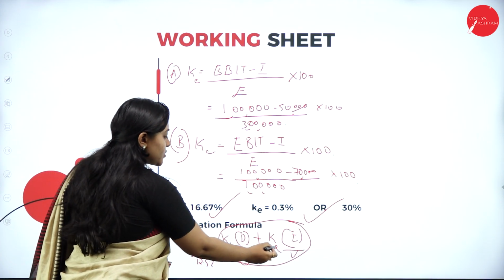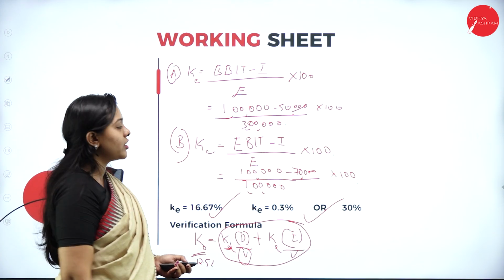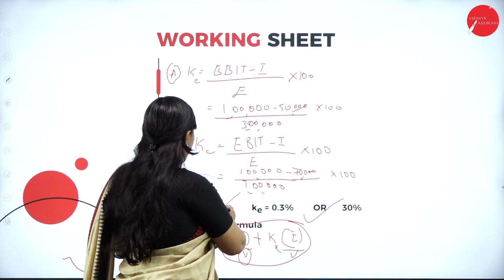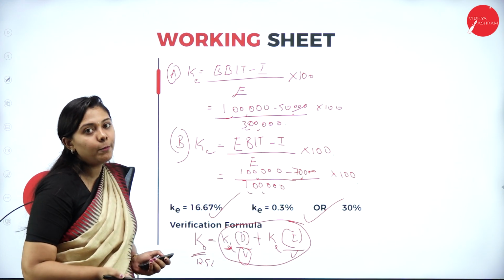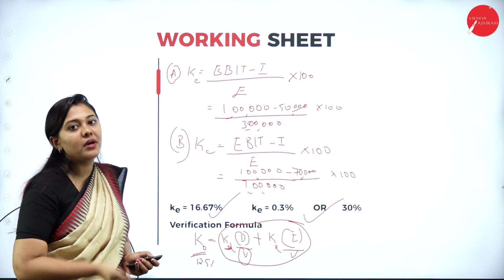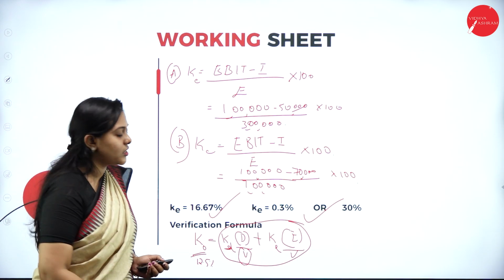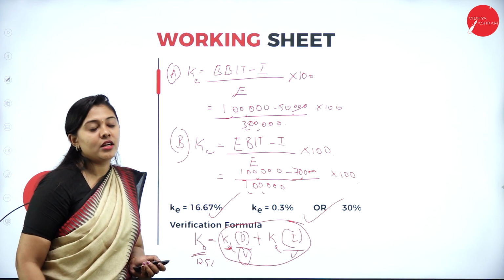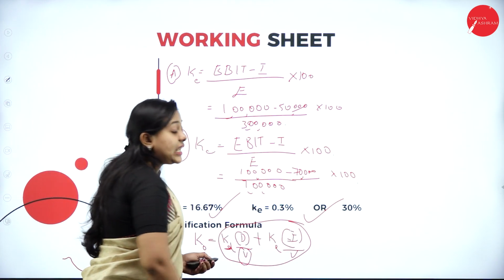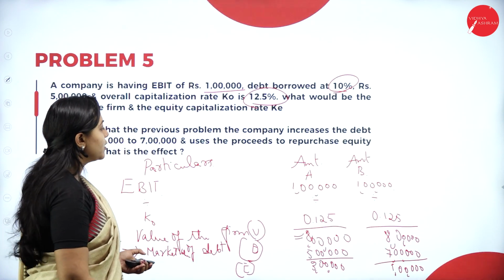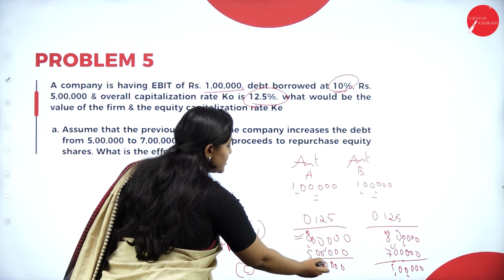Next, plus cost of equity capitalization rate that we have calculated, how much is it? 16.67%. Convert that into decimal and write the decimal here. And what is the market equity value we have got? Just now we have calculated, that is 3 lakh.